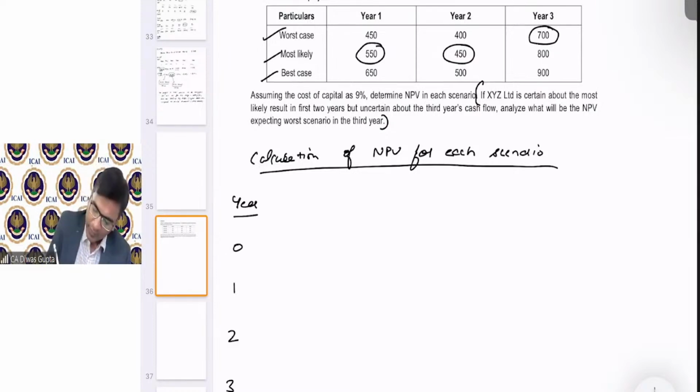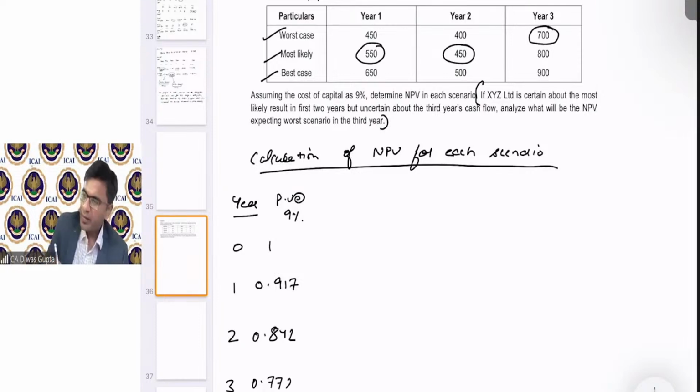Okay. Then present value at the rate of 9%. We can mention that right away, which is going to be the same: 0.917, 0.842, then 0.772.